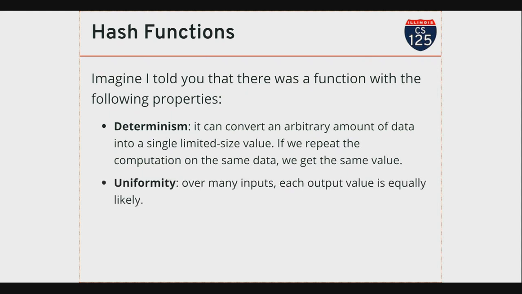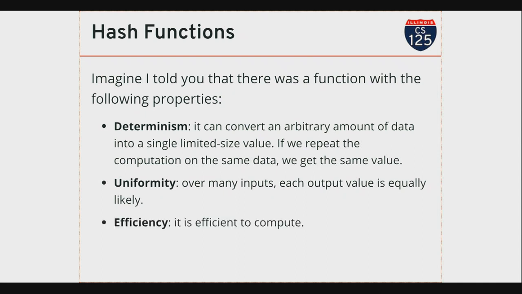The second is that if I look at the output values I get back, let's say this function returns an int, and I pass it lots of different inputs, the probability of giving every possible Java int is roughly the same. So essentially the output looks random, except that, as I pointed out, it is deterministic.